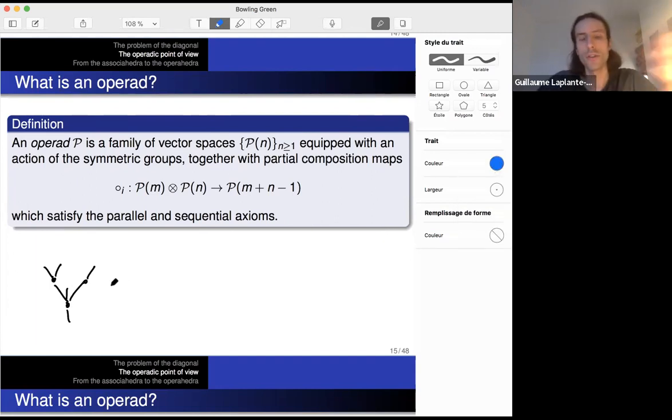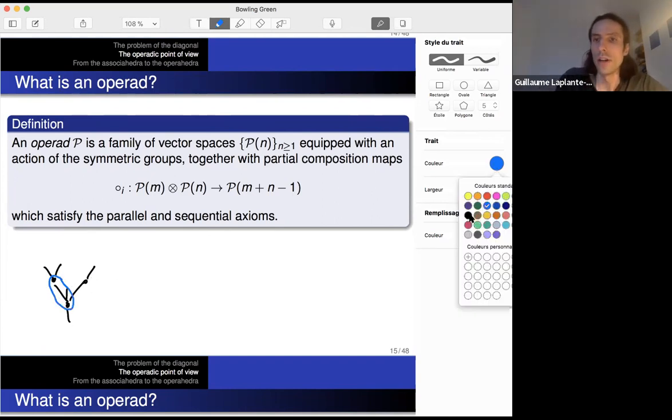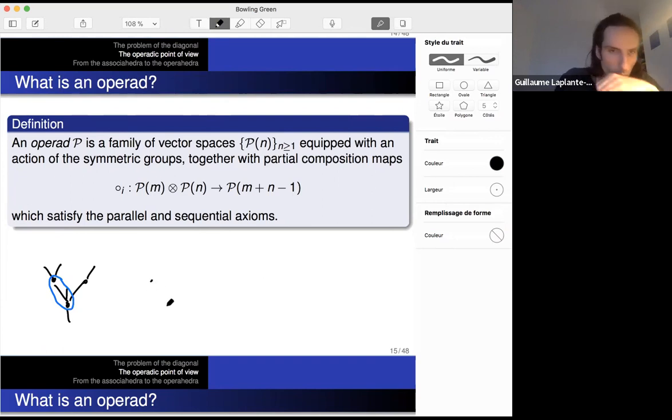You have different choices: you can compose two of these operations first and then compose with the third, or compose the two on the right and then compose with the one on the left.